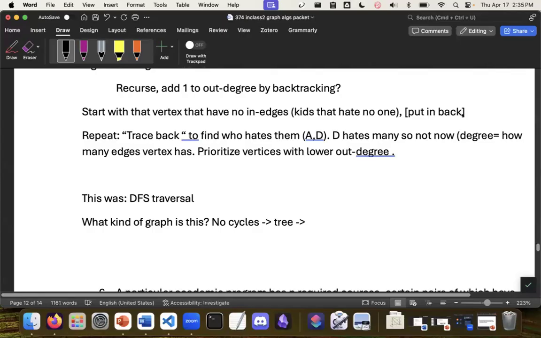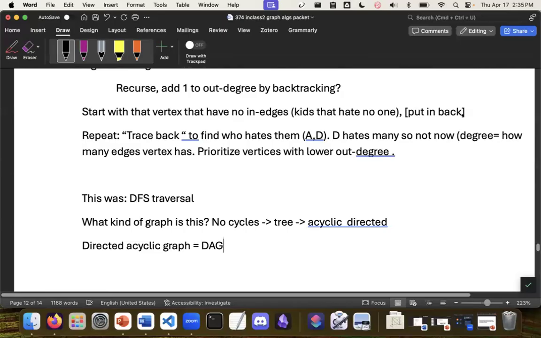And another word for tree is acyclic, meaning A, no, cyclic, meaning cycles. So there's no cycles. It's also directed, right? Because we have one edge pointing to another. And so this is what we call a directed acyclic graph. You'll see it abbreviated pretty much everywhere as a DAG, directed acyclic graph.